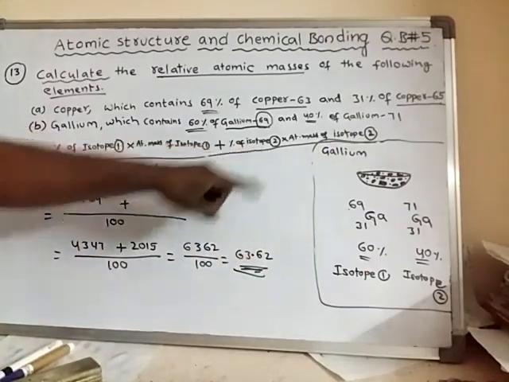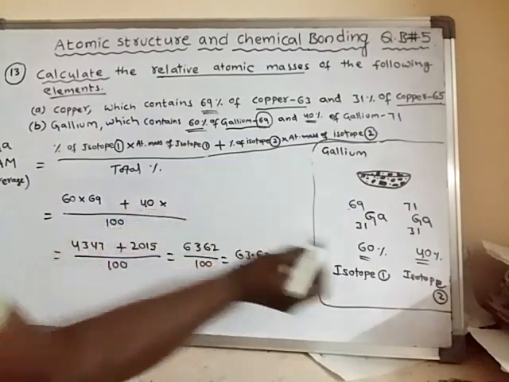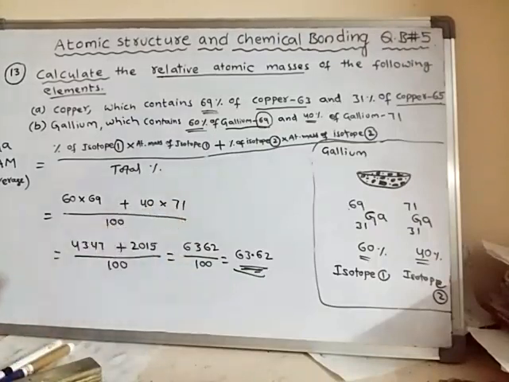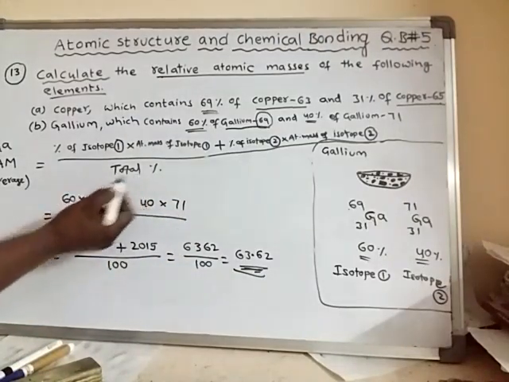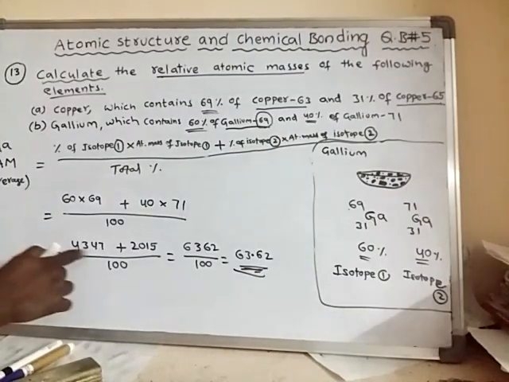What is the percentage of isotope 2? 40, into the atomic mass of isotope 2, which is 71, by 100, the total percentage. Total percentage will always be equal to 100.